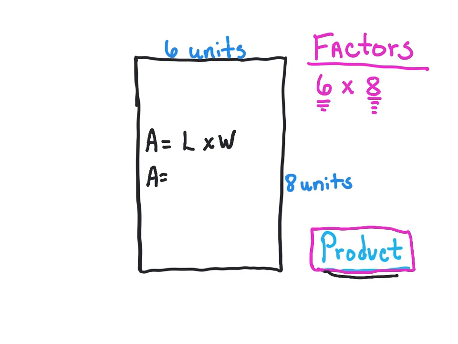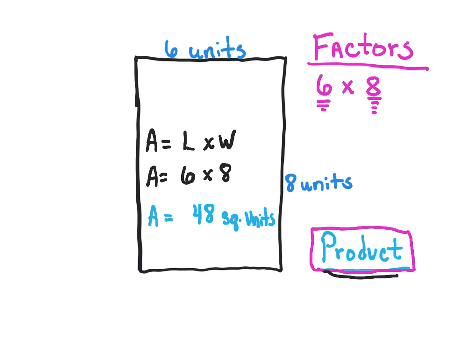We have our length of 6 units, and we have our width as 8 units. So here are our factors, 6 times 8. Now we need to find the area, which is going to be our product. So A is equal to 48 square units.